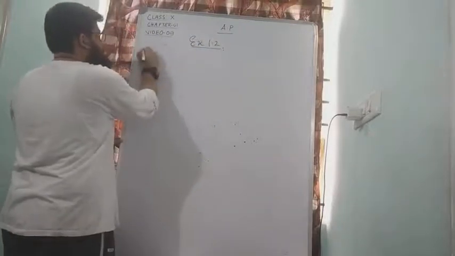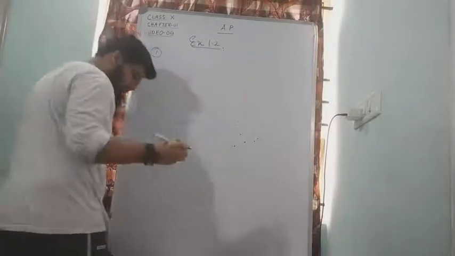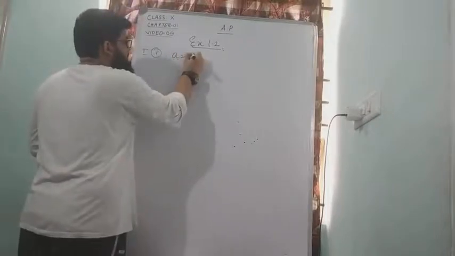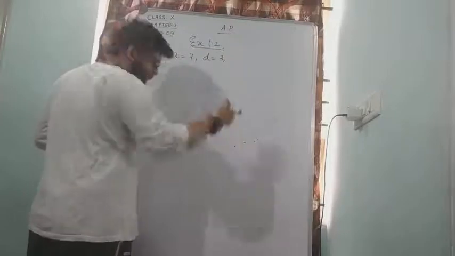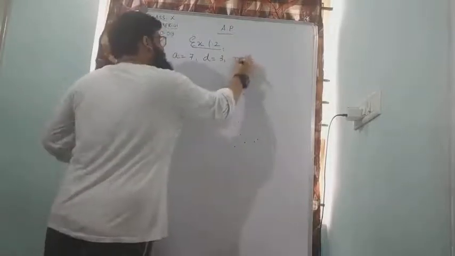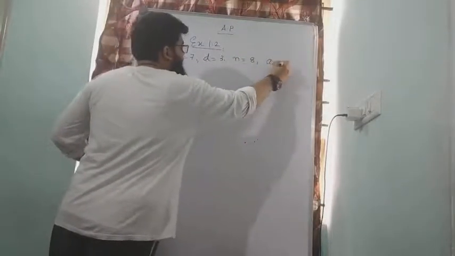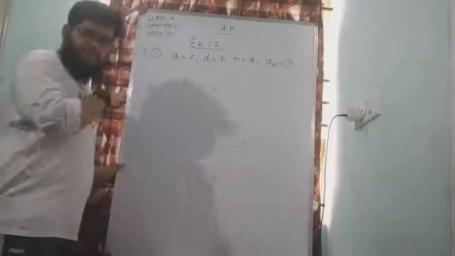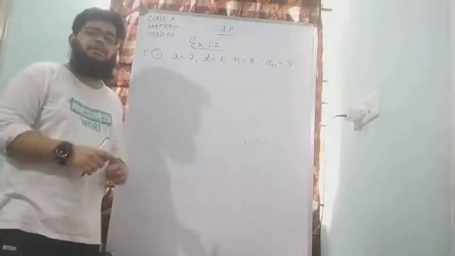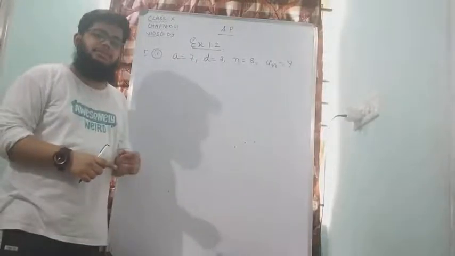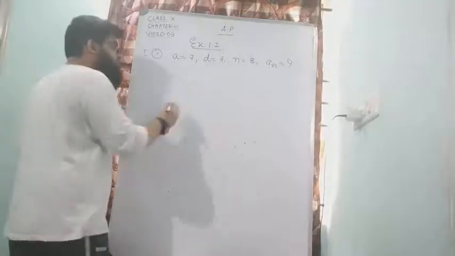and the first question is: the value of a is 7, the value of d is 3, the value of n is 8, and the value of an is missing. This is what I meant when I said out of 4 values, 3 values will always be available to us, 1 value will be missing and we'll have to find it out.